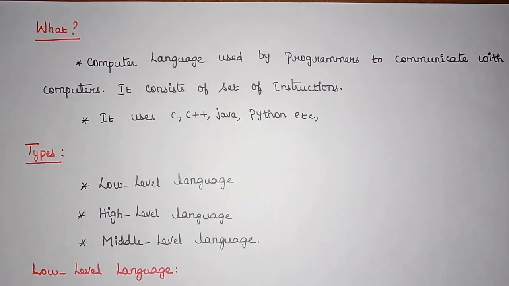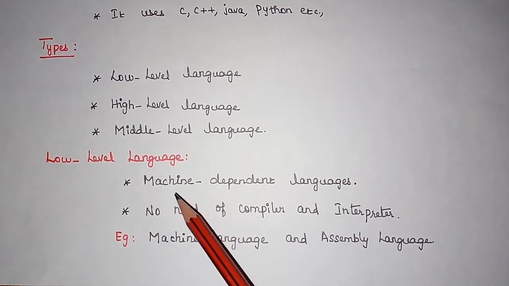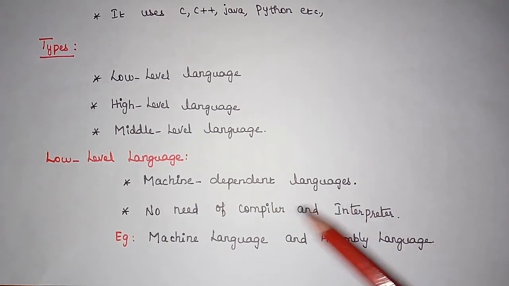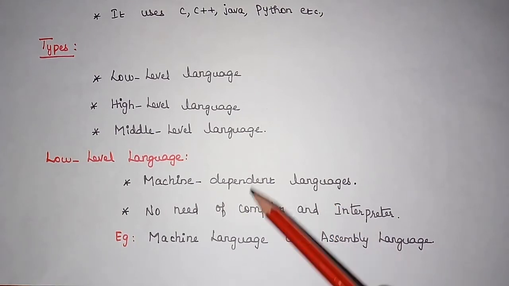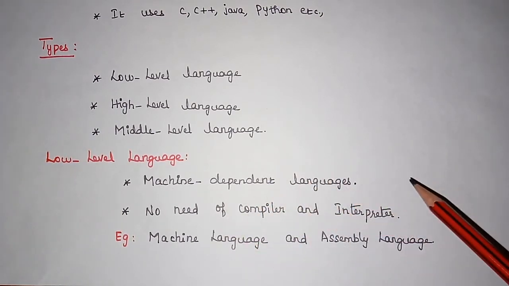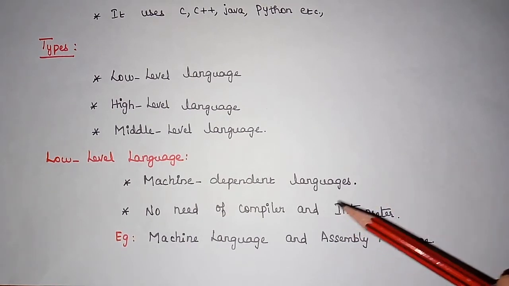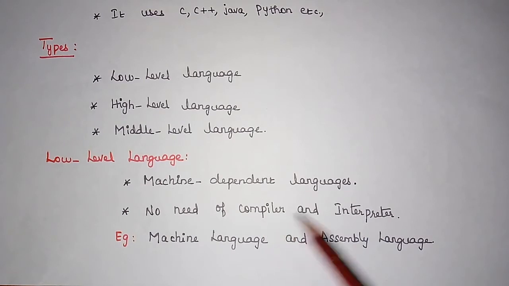level language. Coming to low level language, it is a machine dependent language, and there is no need of any compiler or interpreter to do compilation and execute it, because the machine can directly understand these kinds of languages. We know compiler and interpreter are used to convert the source code into machine code.